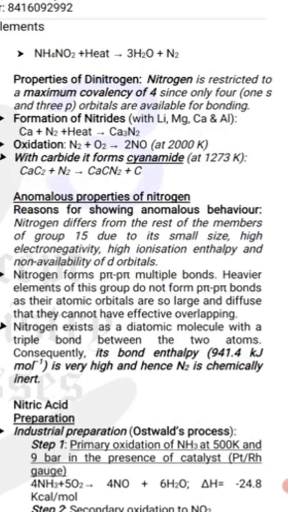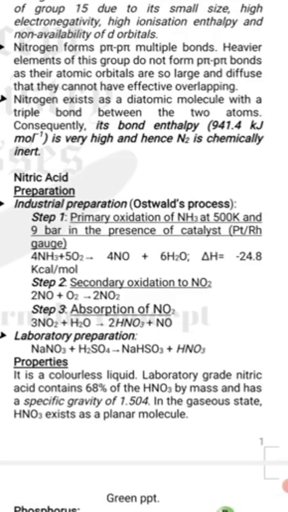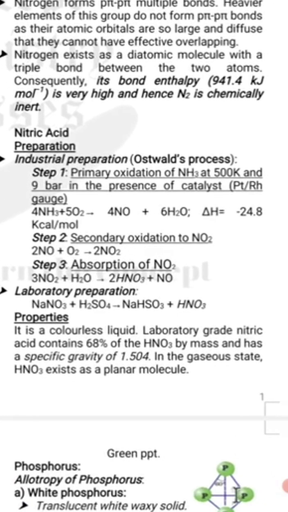Then let us move to the next important topic of group 15, that is nitric acid, HNO3. This is very important. This is the industrial preparation of nitric acid, which is called Ostwald's process.